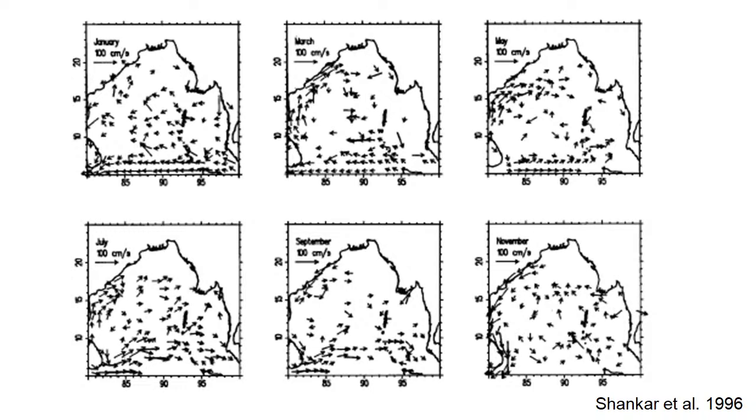Again, this is based on the ship drift data. They also showed that coastal currents are there, and that the western boundary currents flow poleward in one season and equatorward in another season. We can see a lot of month-to-month variability in this circulation.